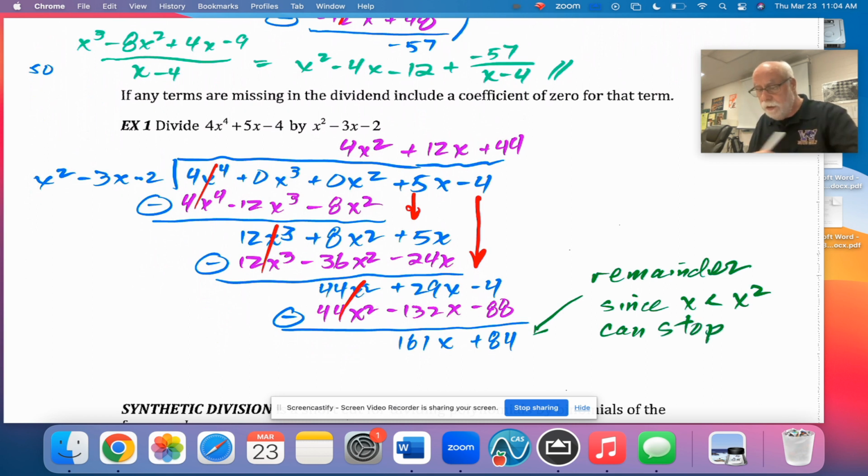So our answer is equal to, again, our quotient, 4x squared plus 12x plus 44.